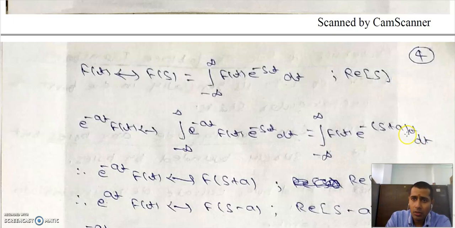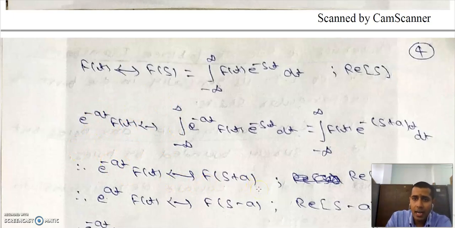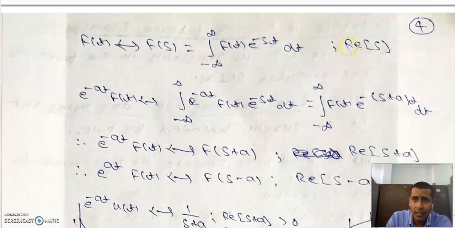If it is s here, then we write F(s); if it is s plus a, then we write F(s plus a). That means the Laplace transform of this is F(s plus a), and its ROC is shifted likewise. So remember the property: e to the power minus at f(t) has Laplace transform F(s plus a). That means replace s by s plus a in F(s).